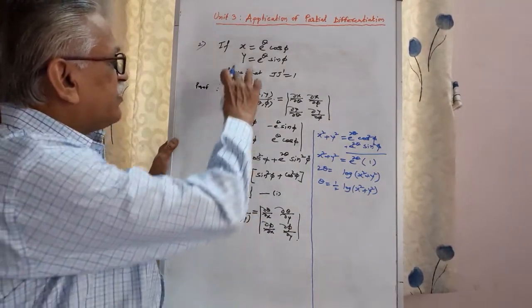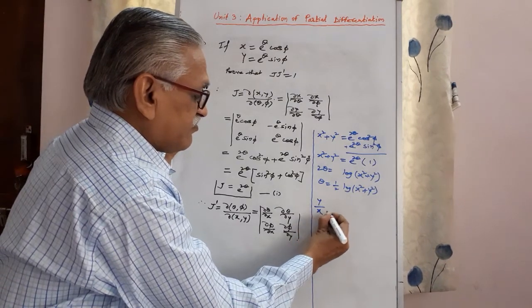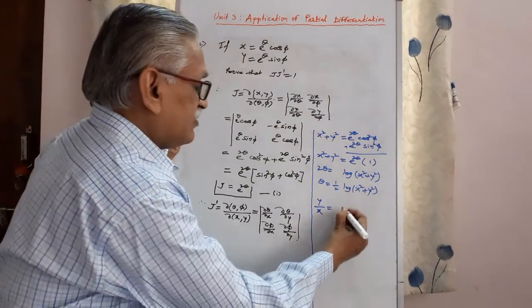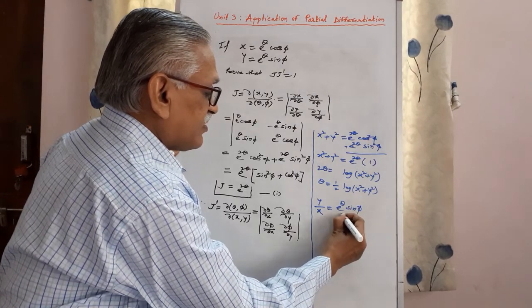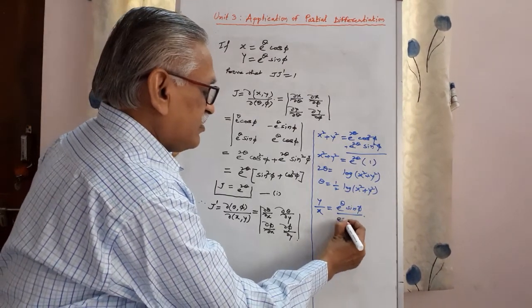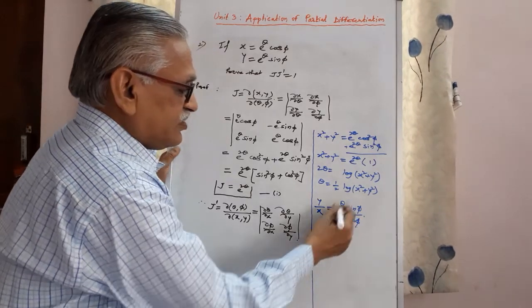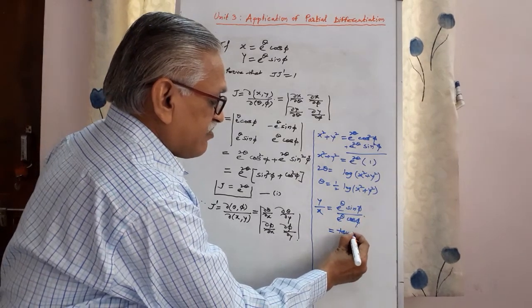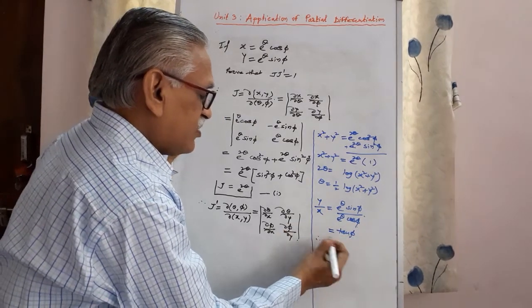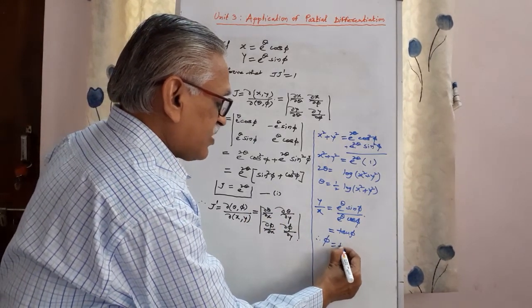Then take a ratio of these two, y divided by x. Y is e raised to theta sin phi and x is e raised to theta cos phi. E raised to theta gets cancelled, sin by cos we get tan phi, and therefore transferring this tan to other side, we get phi is equals to tan inverse of y by x.